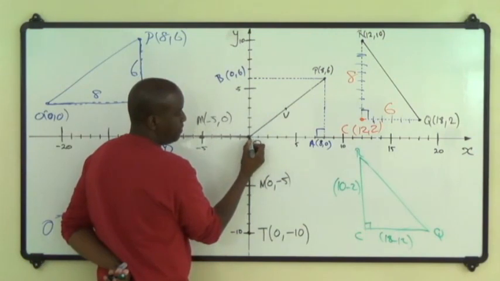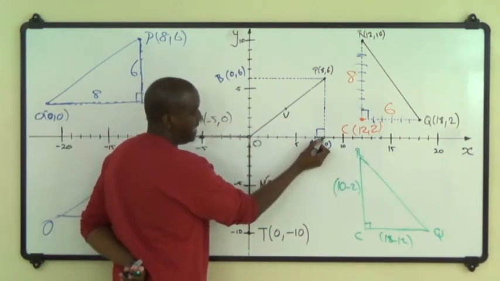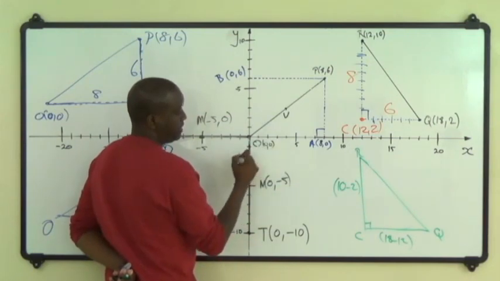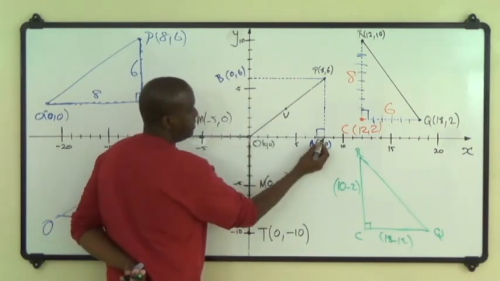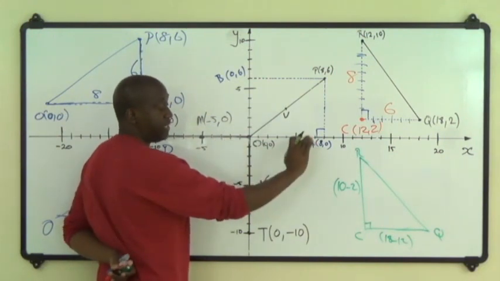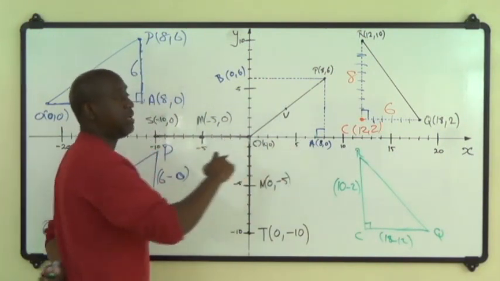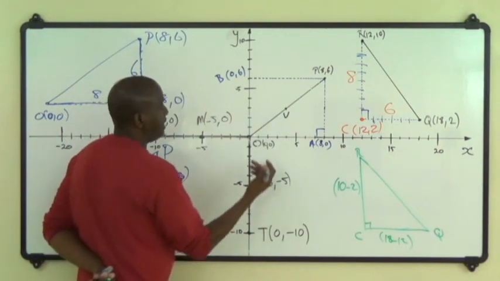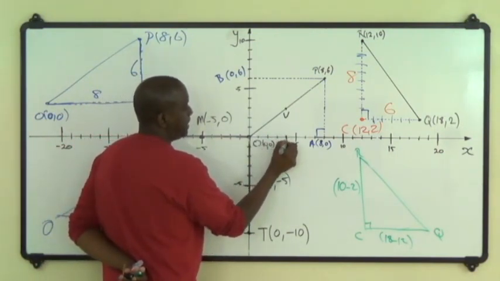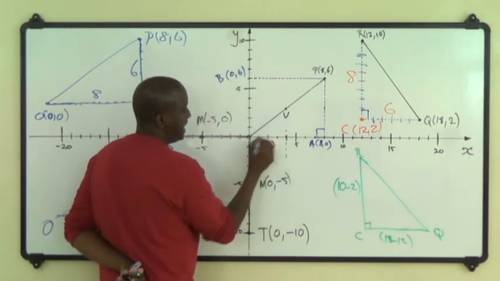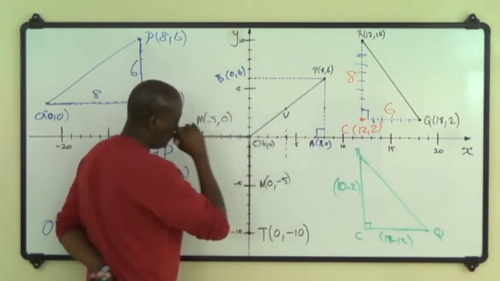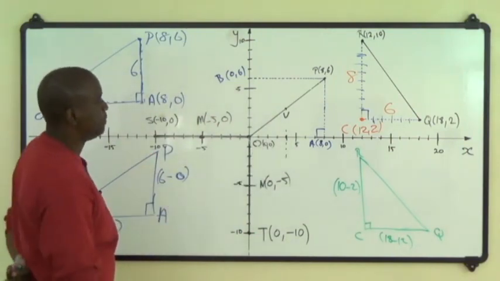So if we move from 0, 0 to 8, 0, then we expect that the x coordinate for the midpoint would be 4, which is half of the 8 for the whole line segment.